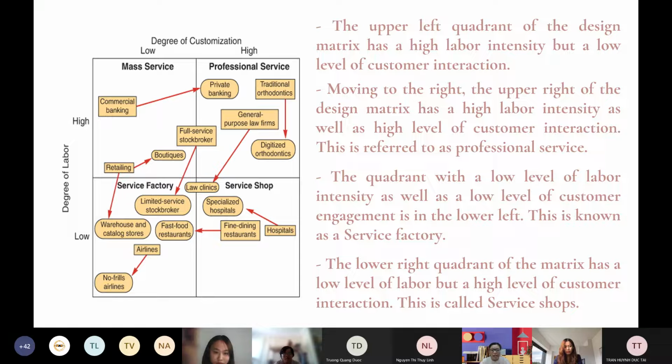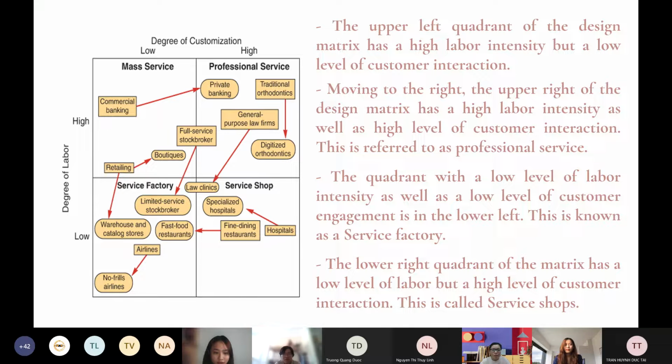The key success factor for this quadrant is continuous skill development, to keep labor up to date and properly train employees. And moving to the right, the upper right of the design matrix has a high labor intensity as well as a high level of customer interaction.